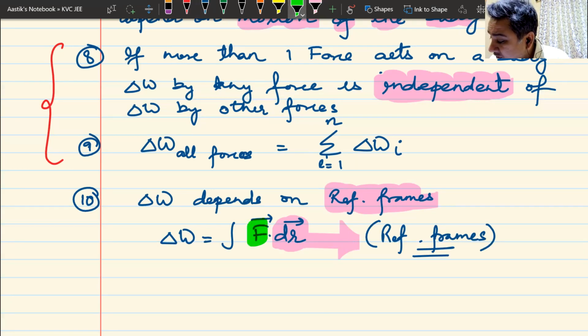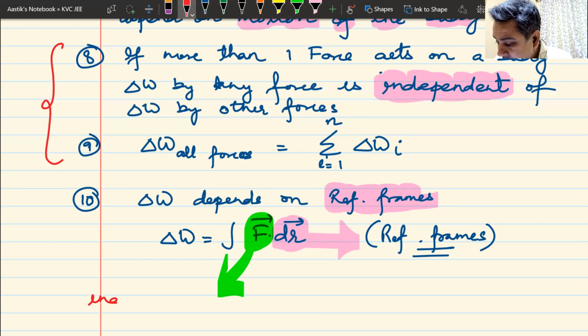Remember, force is independent of reference frame. Force does not depend on reference frame. Force is always independent of reference frame.